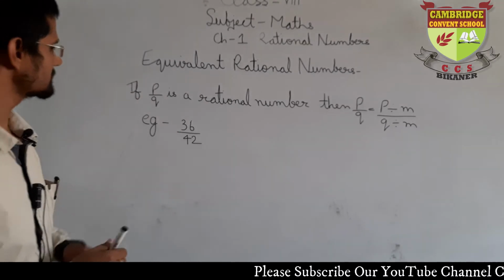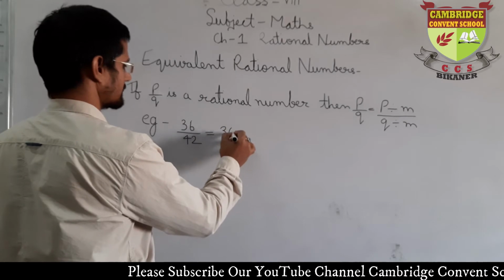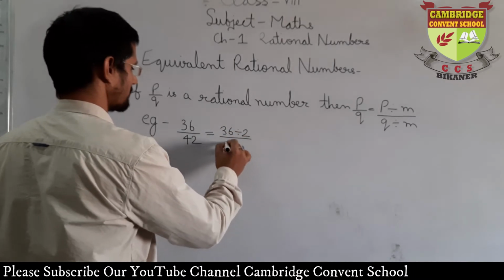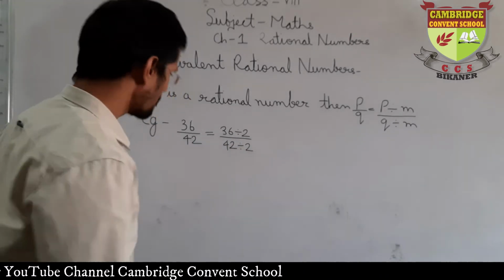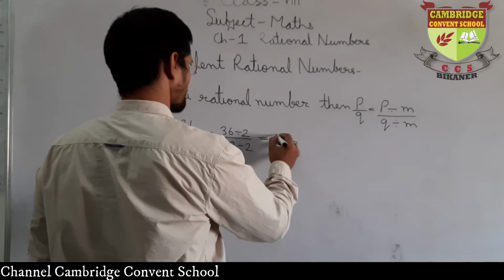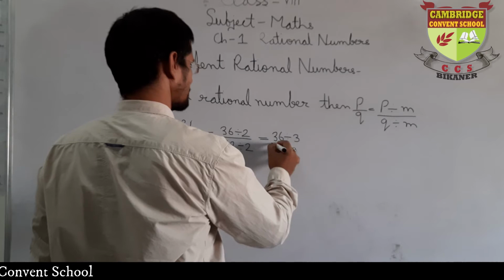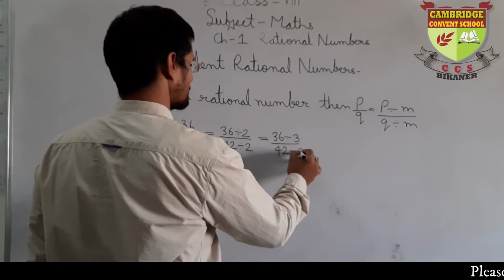We can divide both numbers by 2: 36 divided by 2 and 42 divided by 2. We can divide both numbers by 3: 36 divided by 3 and 42 divided by 3.